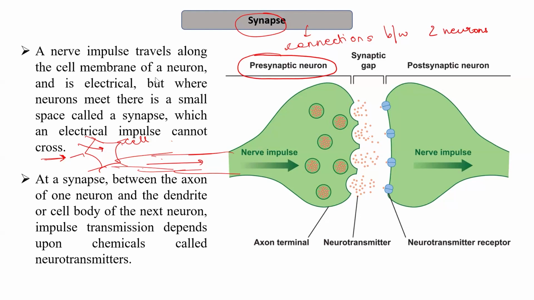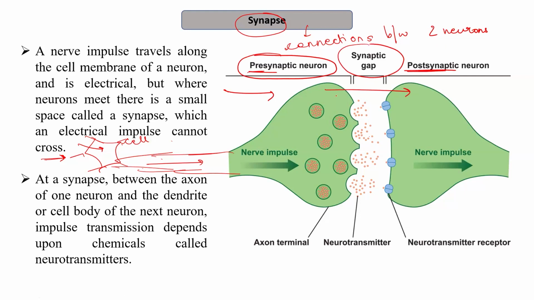We have a synapse, and before the synapse it is the presynaptic neuron, and after the synapse it's the postsynaptic neuron. The incoming impulse is from the presynaptic neuron, and it is then transmitted to the postsynaptic neuron through the synapse that forms the synaptic gap.